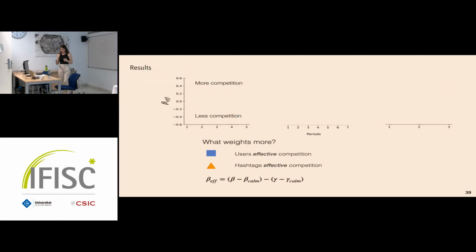In order to do that, we defined beta effective, which is the effective competition: basically the difference between competition and mutualism that the agents have, normalized with a baseline of mutualism and competition that they would expect for a calm period. So a positive beta effective means that we are experiencing more competition than expected.